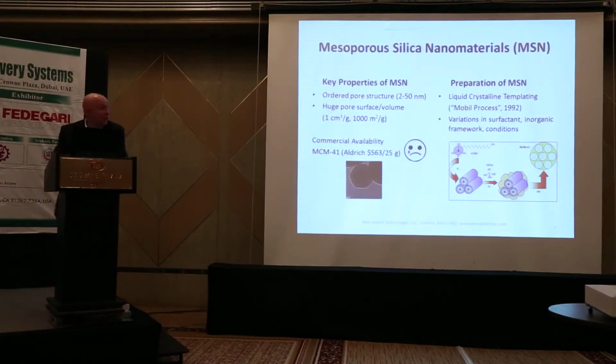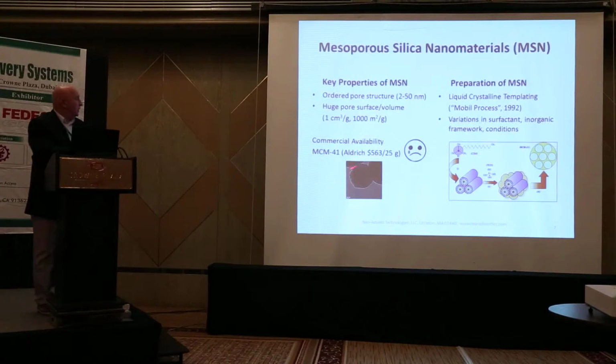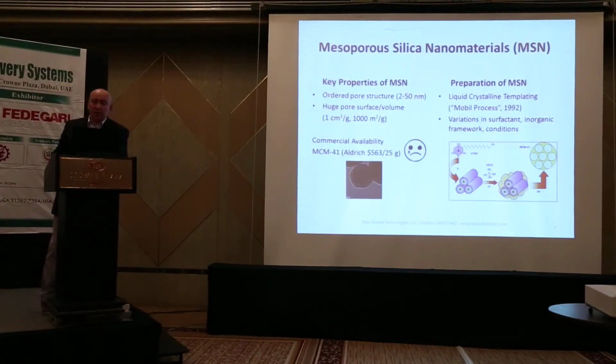As I mentioned, this is an electron microscopy picture. You have a honeycomb, a very organized structure with very high pore volume. We're talking about cubic centimeters per gram. That means that if you have a gram of material, you can load over a gram of other material, for example oil, and still keep the silica as a flowable material.